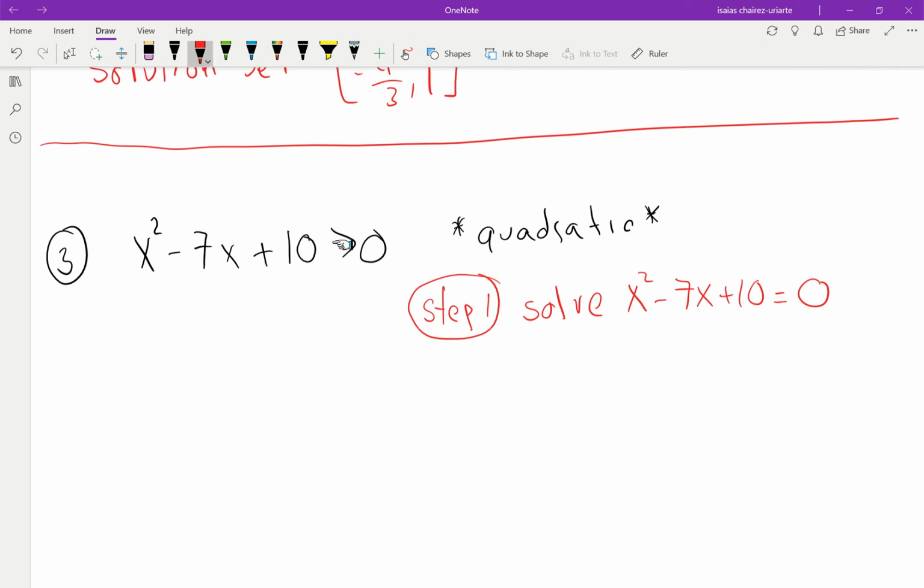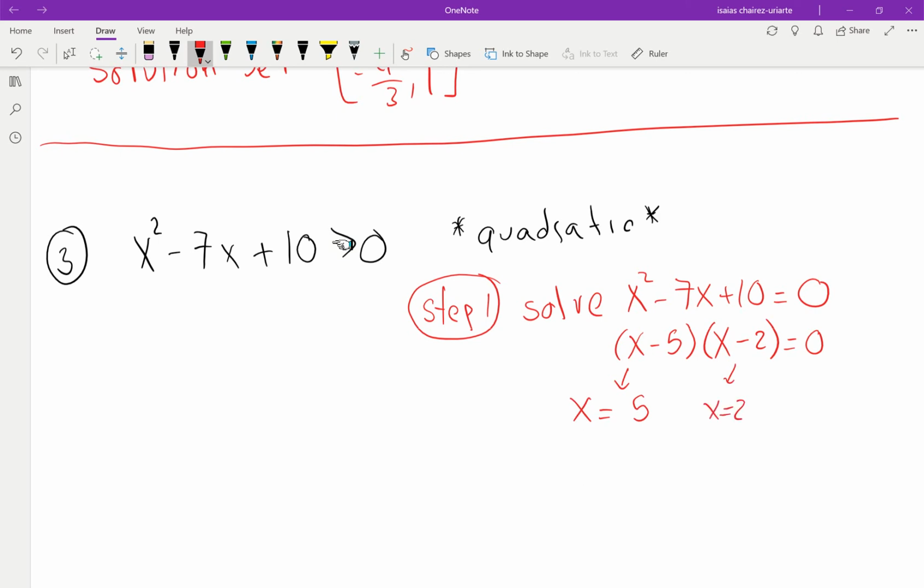Okay, factoring. Can you think of some factors of 10 that add up to negative 7? Well, I think we're dealing with x minus 5 and x minus 2. So that gives me two answers. x equals 5 and x equals 2.